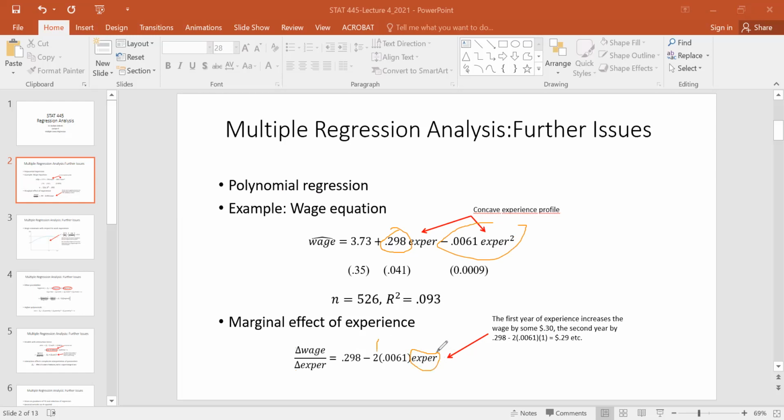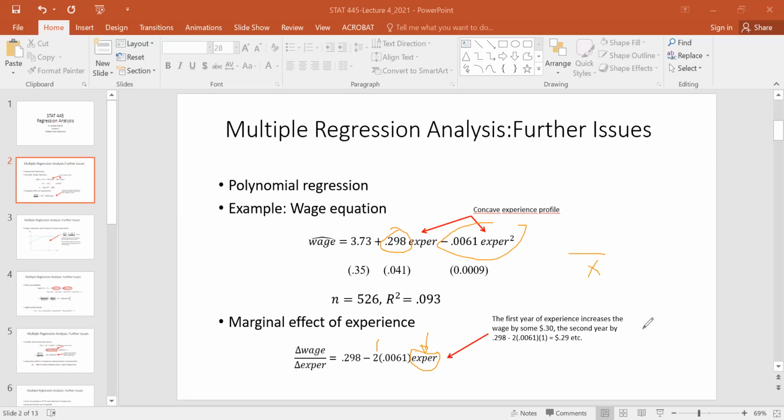So this is how we interpret it. Pay attention. How much of this variable do you have in existence? You plug it in there and that's it. So most of the time, because the impact of experience on wage depends on how much experience is available, we would sometimes plug in interesting values like the mean of the experience, X bar, the lower quartile, upper quartile, or the median.